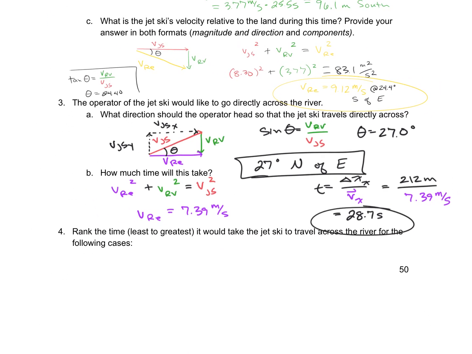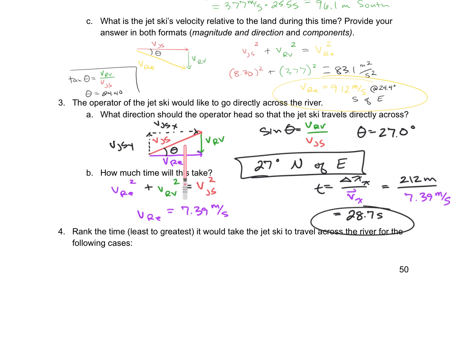Question 3 is the one that seems to be easy. Why can't you just say that the velocity of the jet ski will be north at 24 degrees? But the biggest difference that you need to understand is that the velocity of the jet ski doesn't change. The velocity of the river doesn't change.